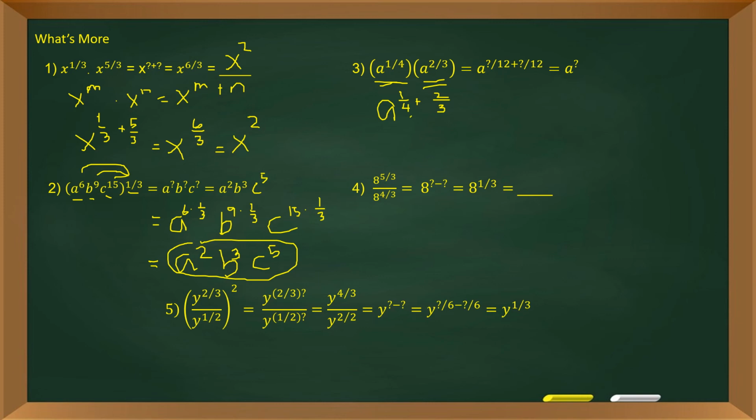But 4 and 3, which are the denominators, are not similar. So we have to find the least common denominator. If the denominators are 4 and 3, then the least common denominator is 12. As you can see here on our given, so the denominators are 12.